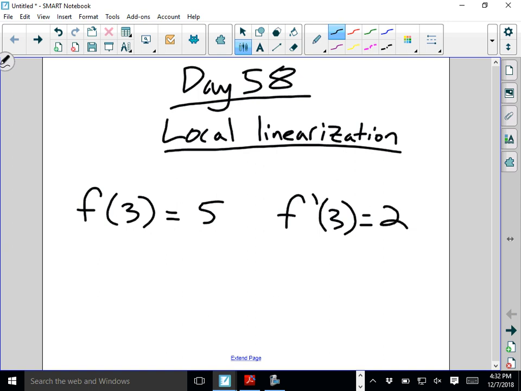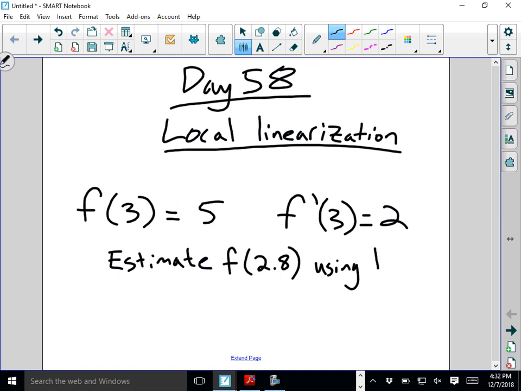Well, some of the questions that we might have to answer are, I want to estimate f of 2.8 using the tangent line to f at x equals 3.